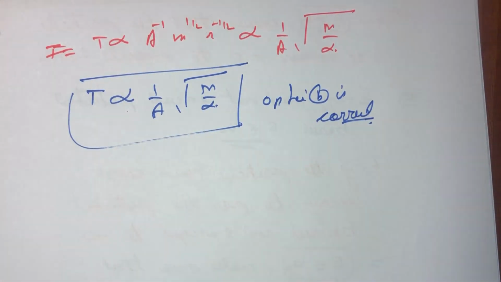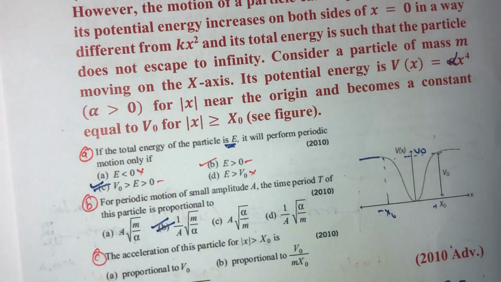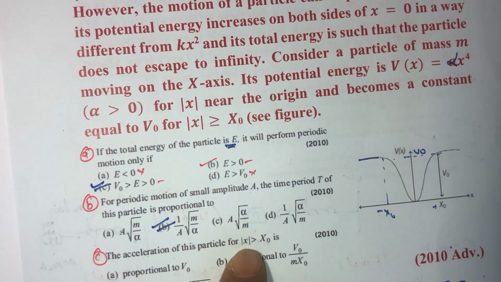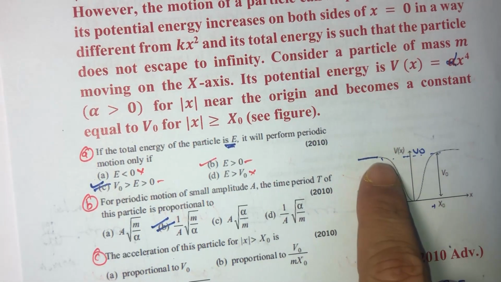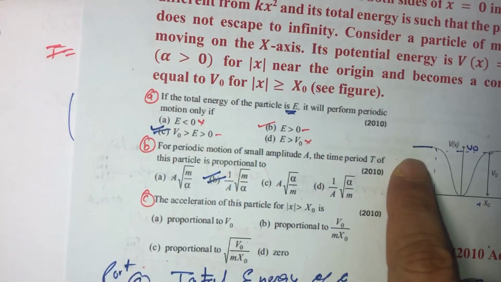Option B is correct. And now we are into the C part, in which we are supposed to find out what will be the acceleration of the particle when the value of x is beyond x naught. It means the particle is traveling towards infinity and V of x has attained a constant value of V naught.